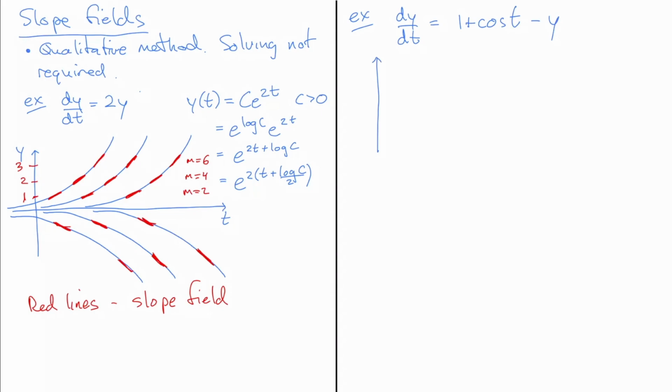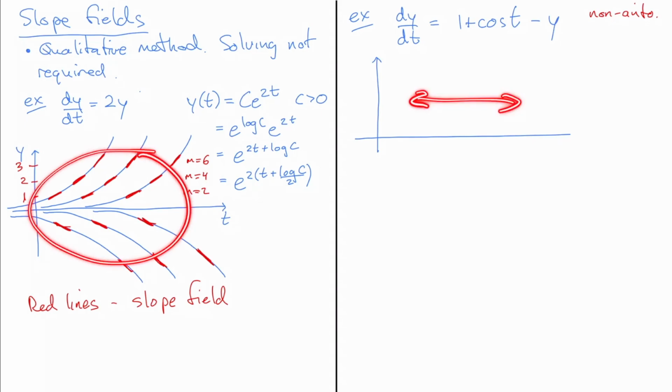And you'll notice here that because there's a dependence on t, because this is non-autonomous, we're not going to be able to shift the solutions horizontally the way we were able to do that here, right? Because the slopes will be different at different times as well as at different y values.